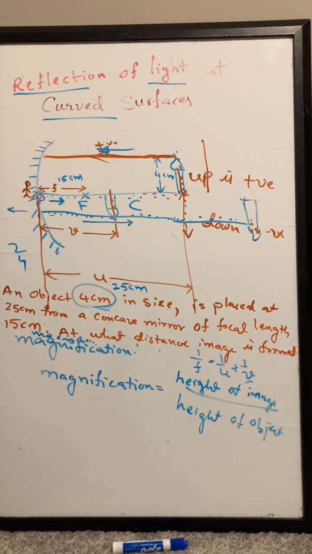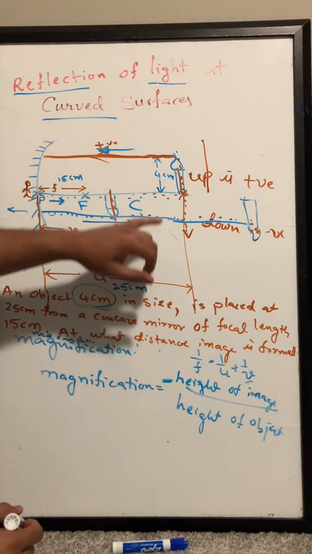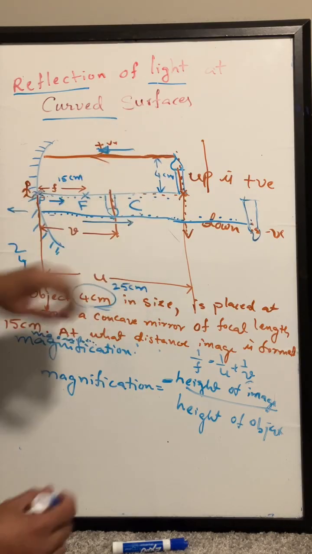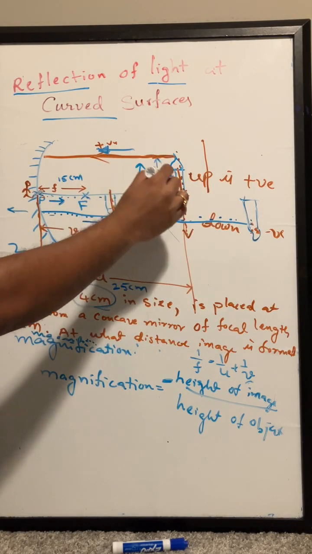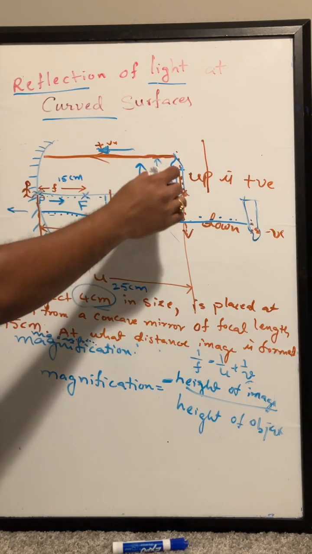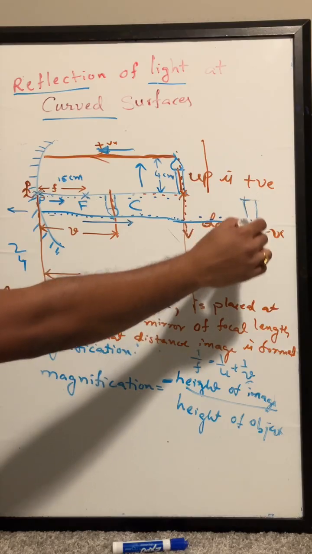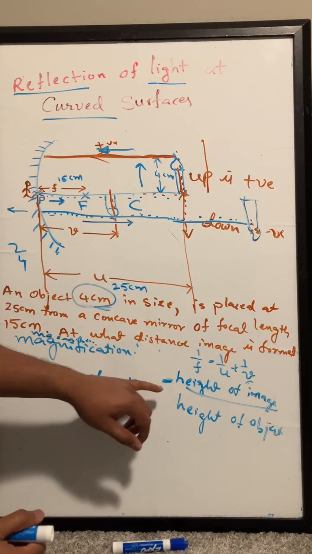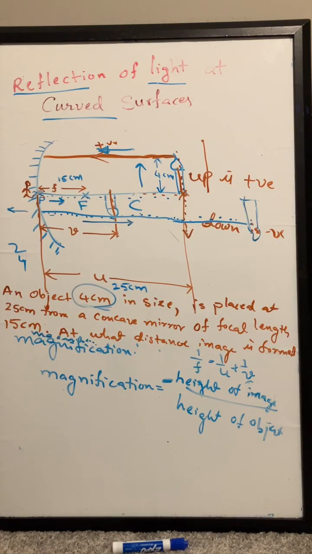And we always put negative because the image is formed downwards. We already learned going up is positive for heights. So this is positive. The image is formed downwards. That's why we take it negative.